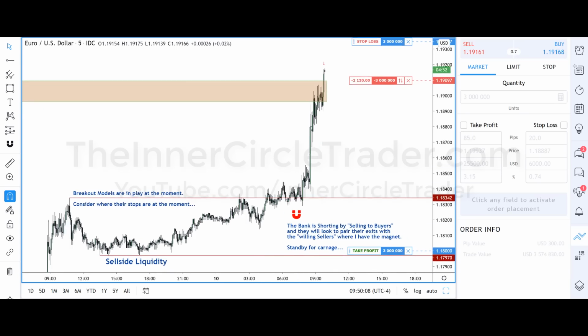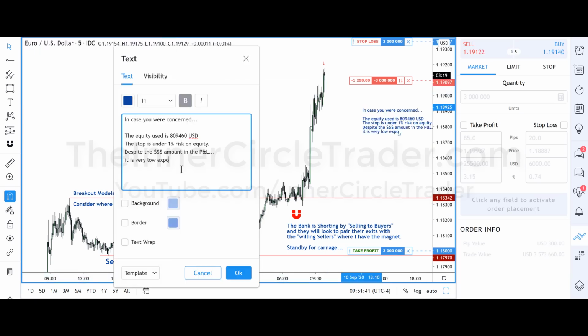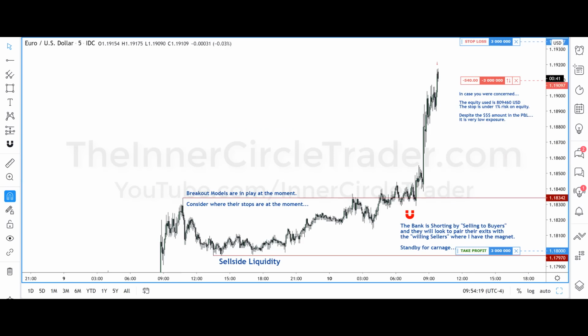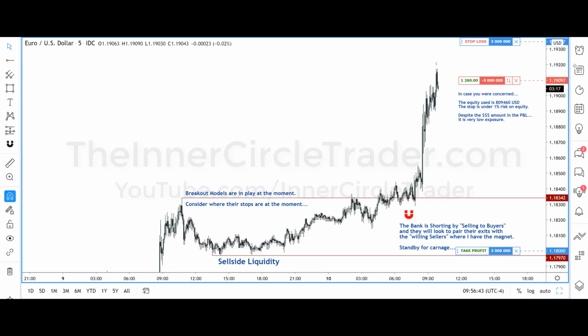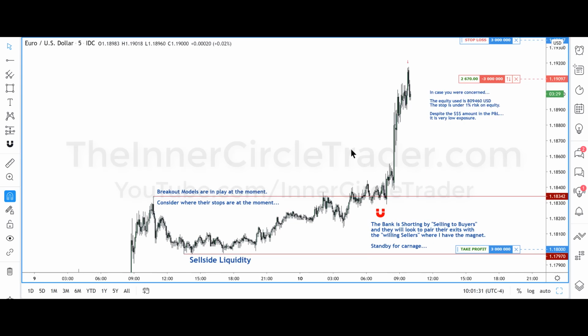So the breakout traders that went long on a breakout above 118.35, their stops are right below that little magnet. Okay, so that area right there is not of any concern to you. I know it's a tease. All right, and again, I'm just making a note that if in case you're worried, it's not over leverage on this trade.